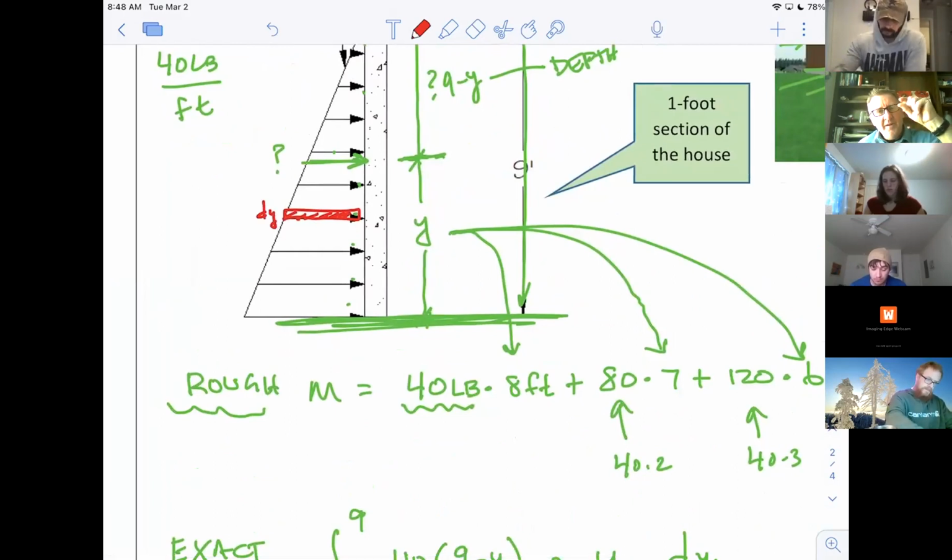It's a little teeny bit of y, because I can't make that really wide, because then I don't know what to call the distance. So it's got to be really teeny, and then times this distance right here. So it's kind of like the area of that slice of dirt times the fact that dirt weighs 40 pounds times the distance that it is.